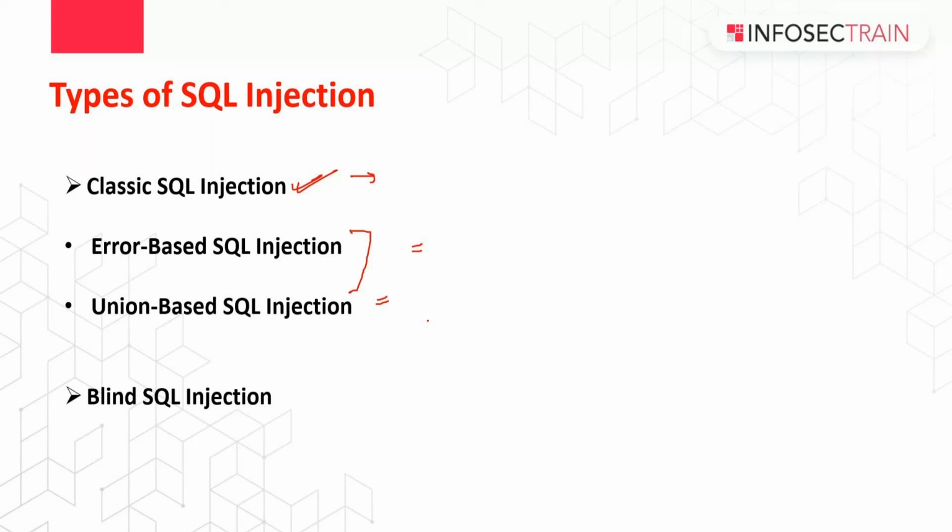Okay, that is union based. Like we were using select all, right? We used union select all, and then we combined all the results together. So that is union based SQL injection. Okay, it is a part of classic injection.